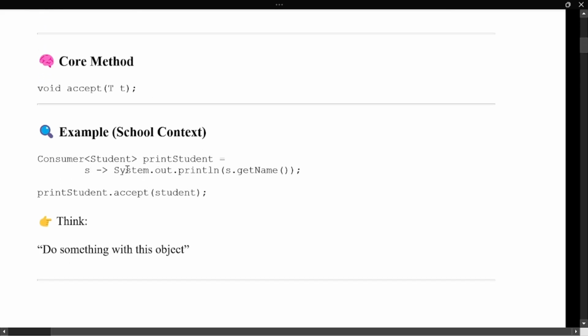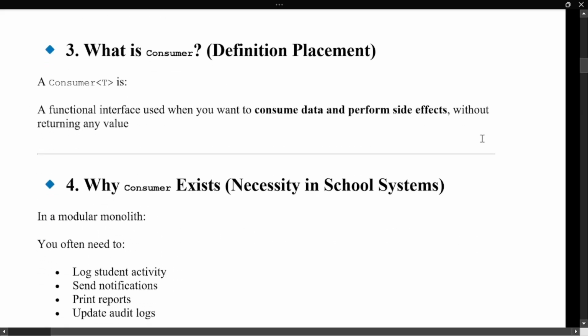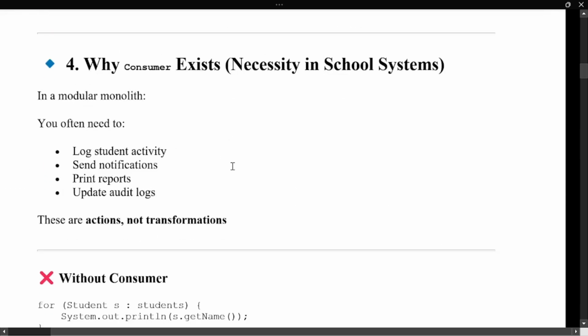Side effects like printing the marks of the student, printing the name of the student, etc. Without returning any value. In this case we are just printing the student name.